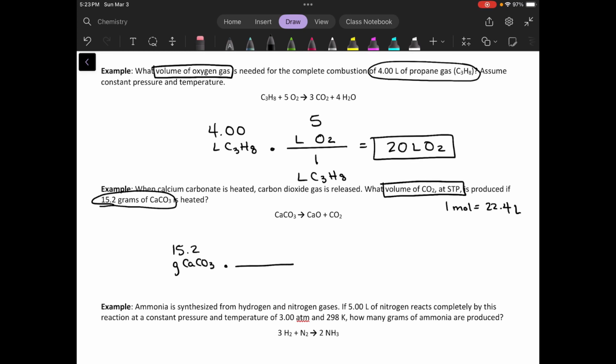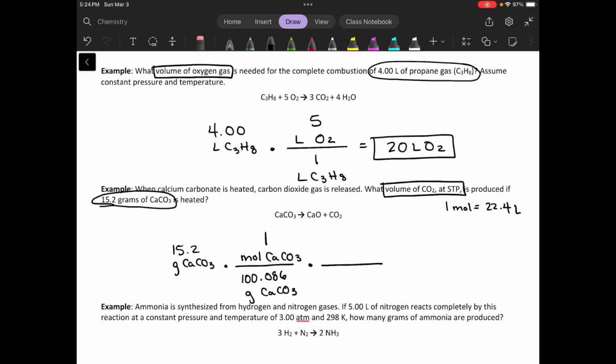And again, it starts like a grams to grams problem. So we would have to convert like this. And I know that 1 mole of calcium carbonate weighs 100.086. So I got that from the periodic table.